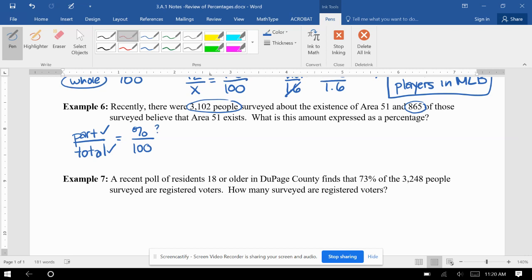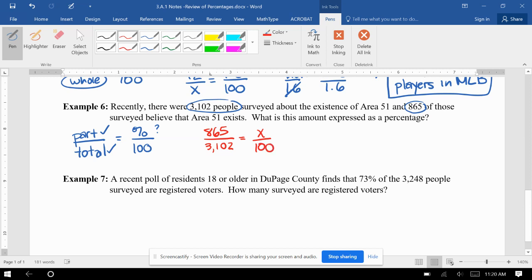So we're going to go through here and fill in our numbers. We know that part of the people is 865. The total is 3,102 people surveyed. The percentage we don't know, and we know it's over 100.